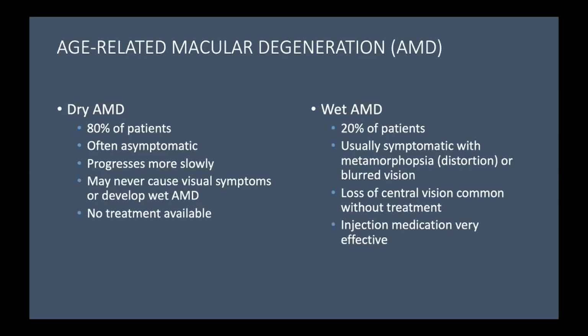So next I'll move on to talking about age-related macular degeneration, which is one of the most common causes of vision loss in the United States, and is something that we are fortunate to have very good treatment for, particularly for wet macular degeneration.